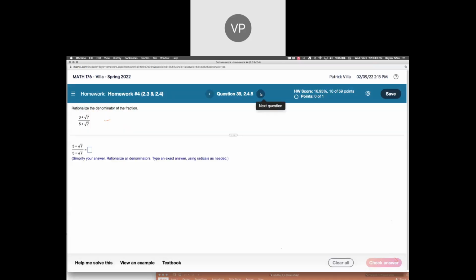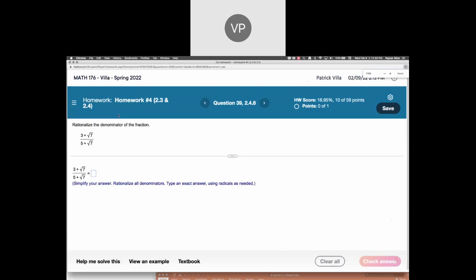However, when you have 2 terms on the bottom, there's still a root on the bottom, so we still have a problem, but what I want to do now is I want to get rid of this. You can't just multiply by a root 7, because what happens is that'll fix the root 7, but the 5 is going to get multiplied by it, and it's going to cause another problem. So when there's 2 terms, we have to multiply by this thing called the conjugate.